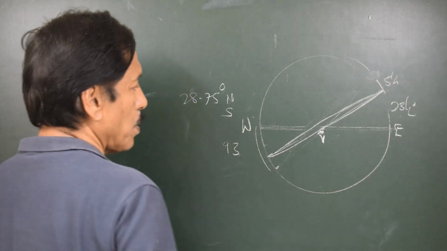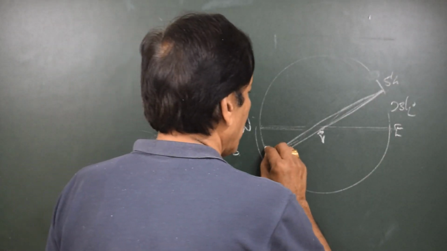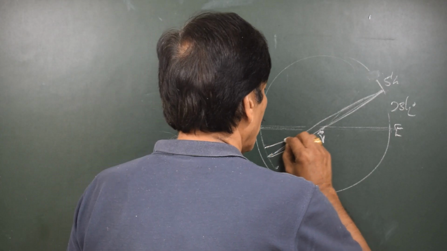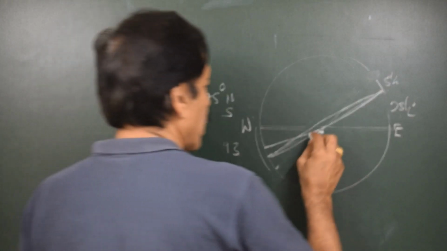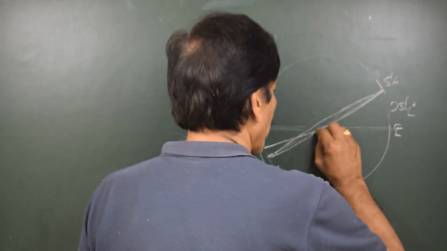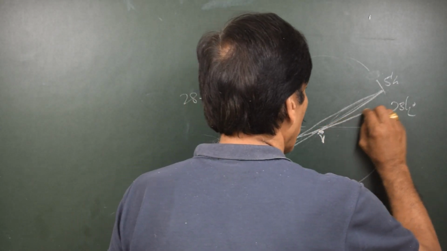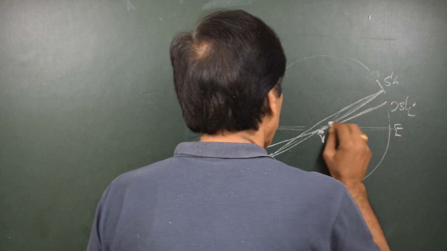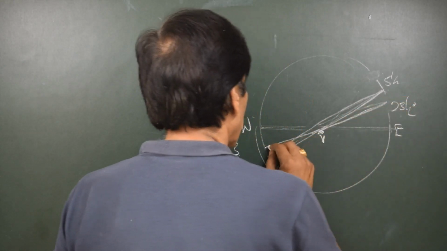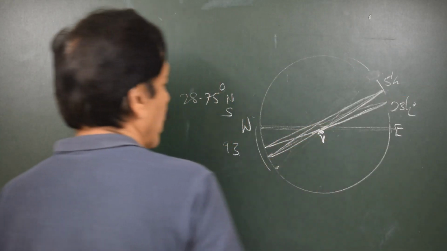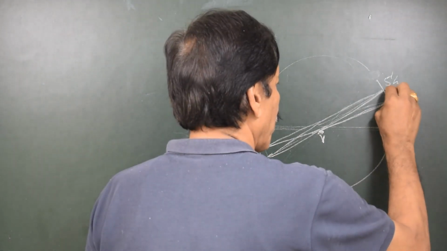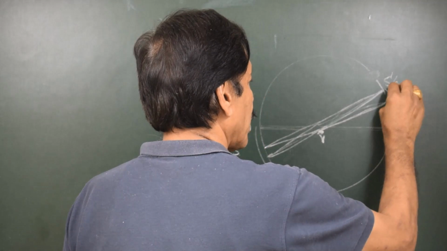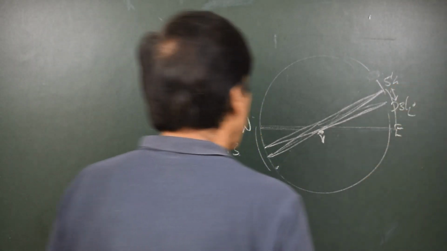So let us see what happens after 9.3 years. After 9.3 years, the descending node, that means the moon's orbit going from north of the ecliptic to south of the ecliptic, is in line with the first point of Aries, right? So when this happens, from here to here is 23.5 degrees, and this is 5.25.